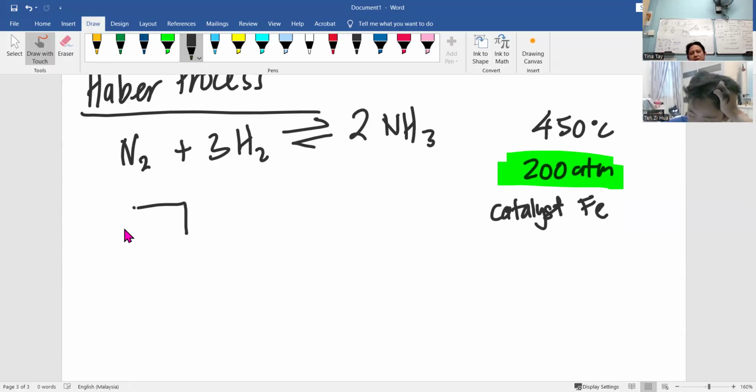So we pump in nitrogen and then we pump in hydrogen.